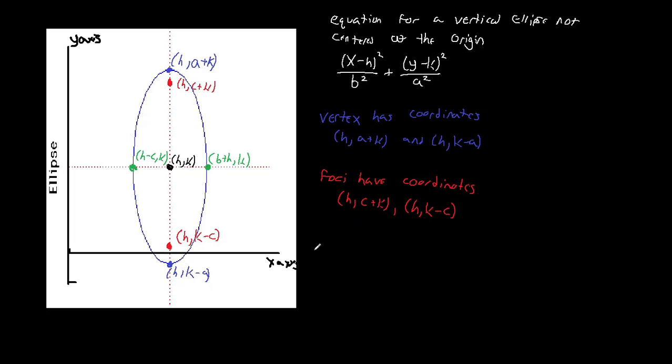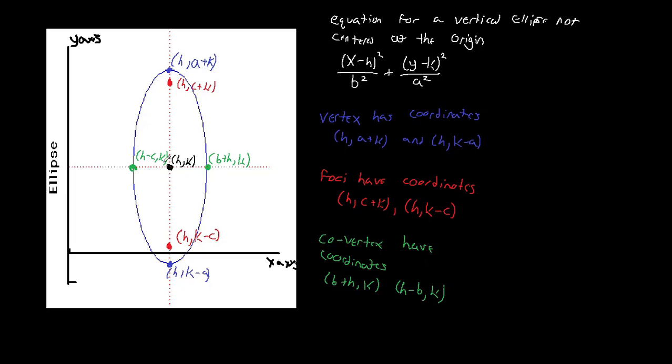All right, so our co-vertices have coordinates of the right-hand one is b plus h, comma k, and the left coordinate is h minus b, comma k.